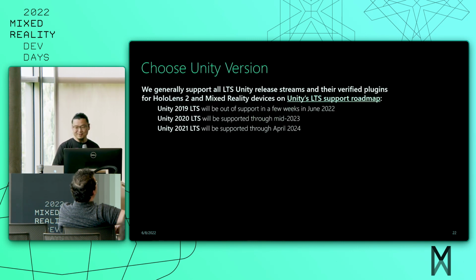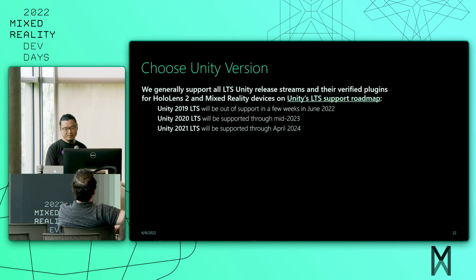With all these issues, you might wonder, how do I choose a Unity version that will work for the scenarios I want for my project working on HoloLens 2? So we understand the friction here, and we're trying our best to improve in this area.